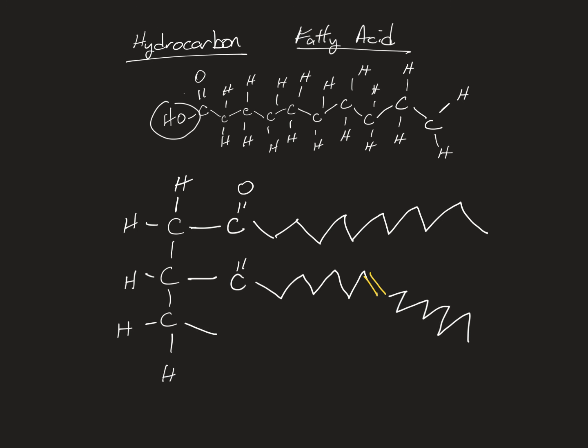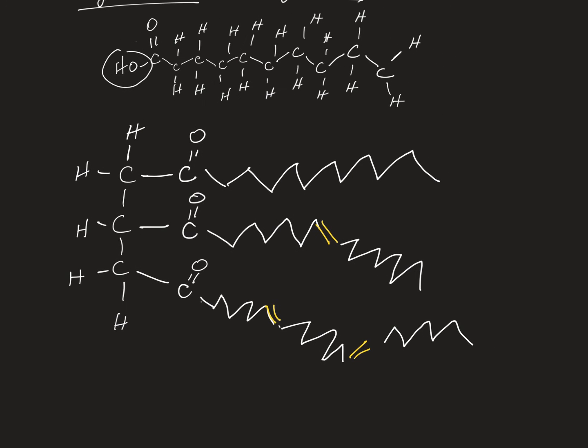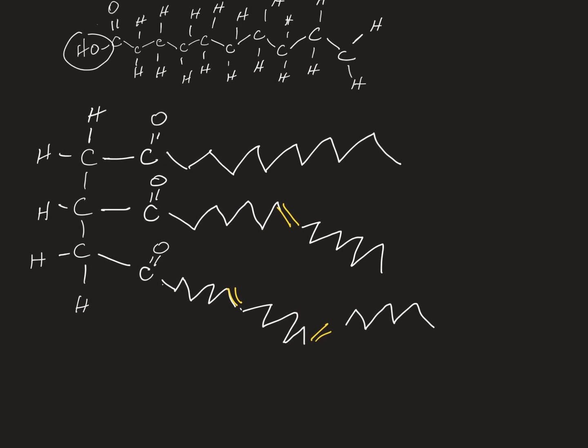Sometimes it has more than one double bond. It could have two double bonds here, and then another one here. So these double bonds, let me label each fatty acid.